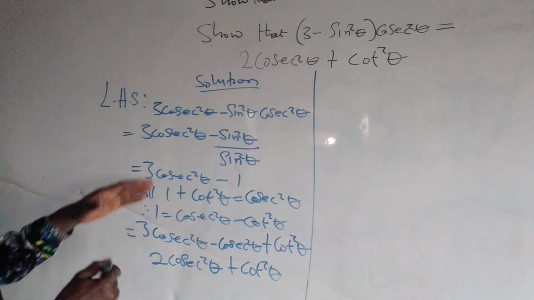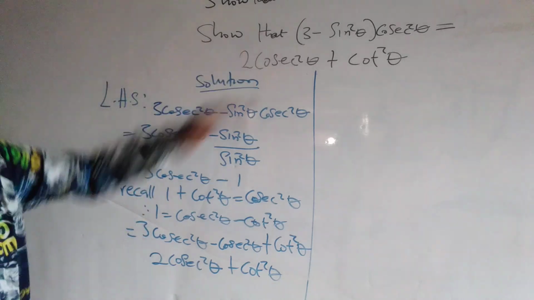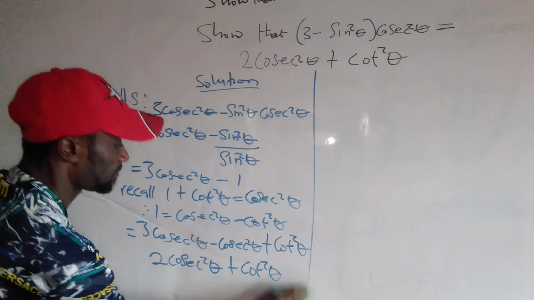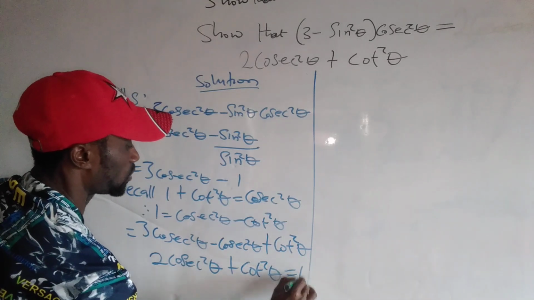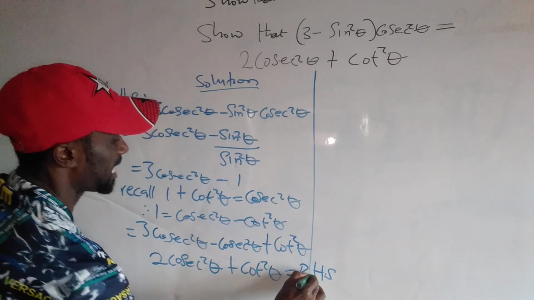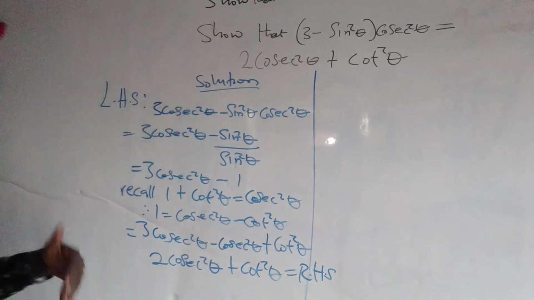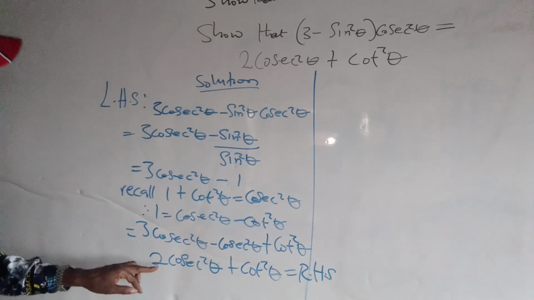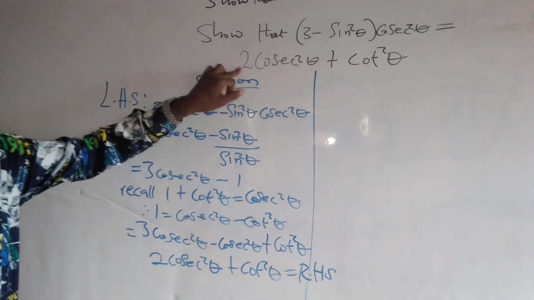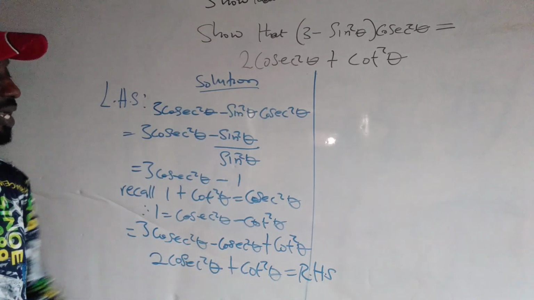Now let us look at the question. We have been able to obtain the right hand side. That means this is equal to the right hand side. The right hand side has been proven. So you have 2 cosec square theta plus cot square theta.